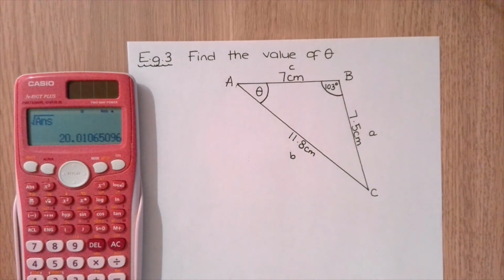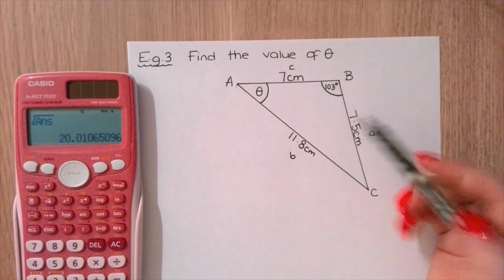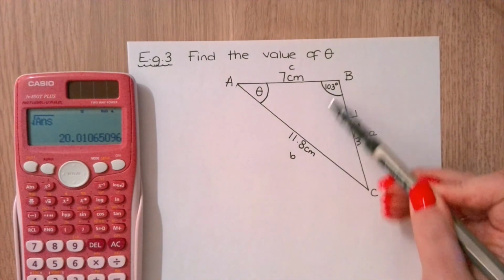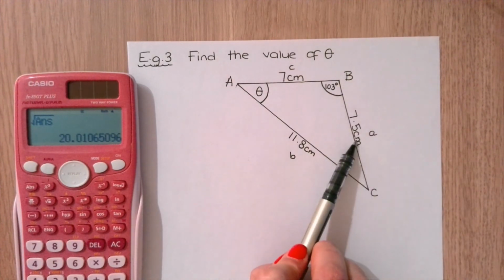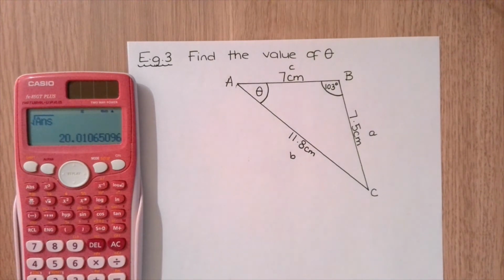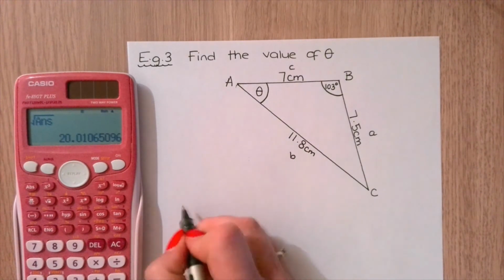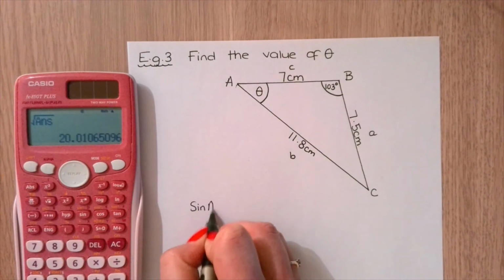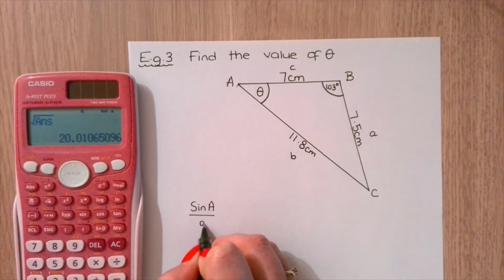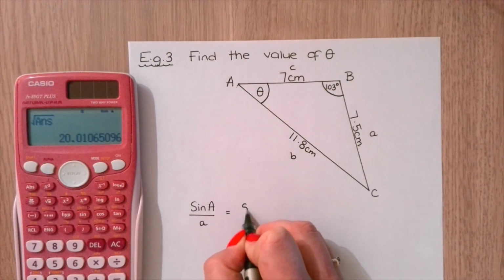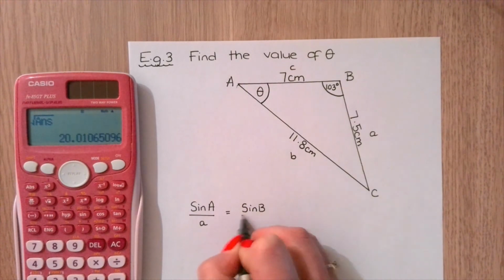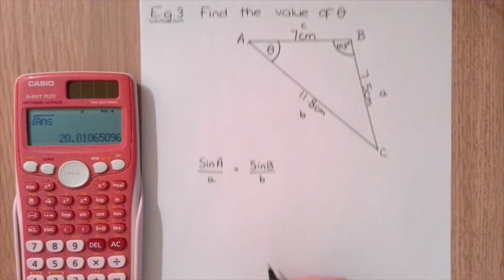Looking at this, I could use the cosine rule if I really wanted to, but I think it's probably easier to use the sine rule because I do know a pair of opposites and I do know the opposite length to the angle that I'm looking to find. Therefore, I'm going to use sine A over lowercase a equals sine B over lowercase b.